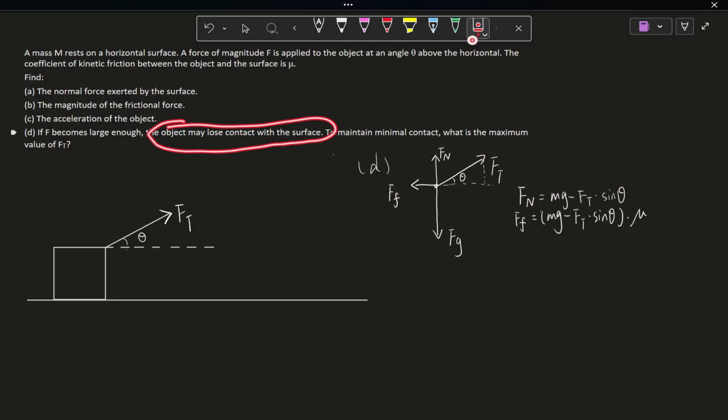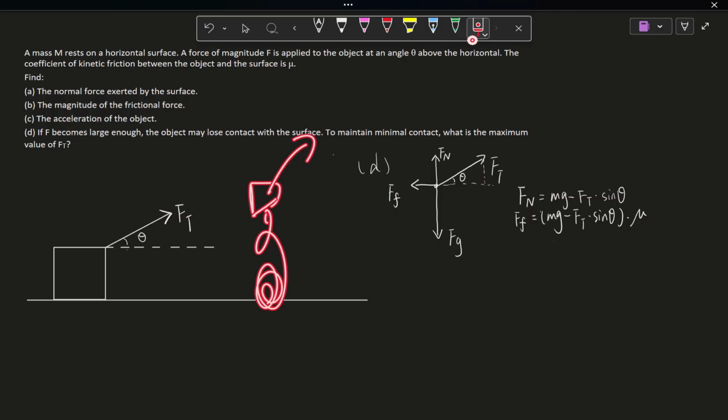Imagine if Ft is very big, it will literally be flying, right? Lose contact. So if Ft is large enough, Fn will no longer exist, because when the object is flying, is it contacting the surface? No. So Fn will be 0. To maintain minimal contact, what is the maximum value of Ft? So this is our thought process.